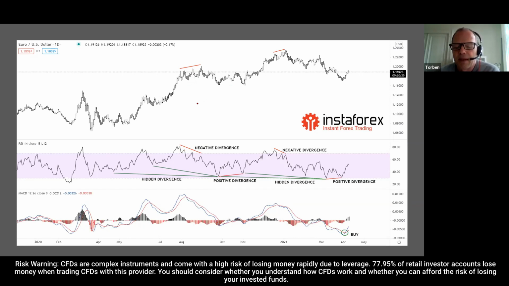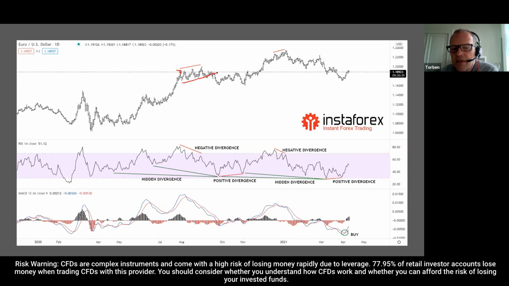So there might be something, and then you can use the MACD for that. That can help you. At this point, you have the negative divergence, it starts here and moves on for most of August and September.